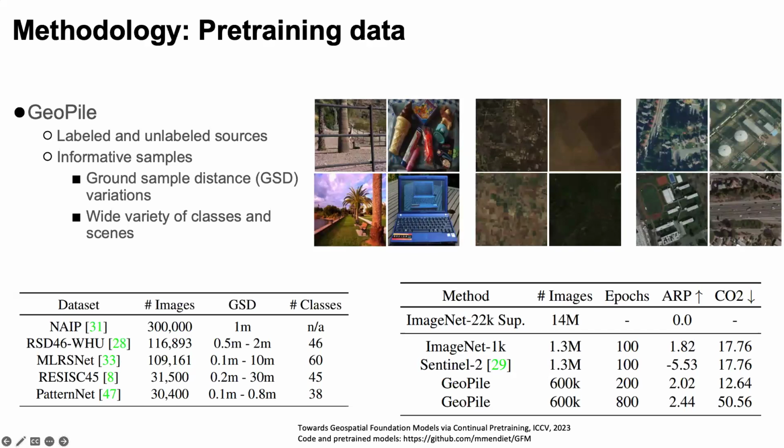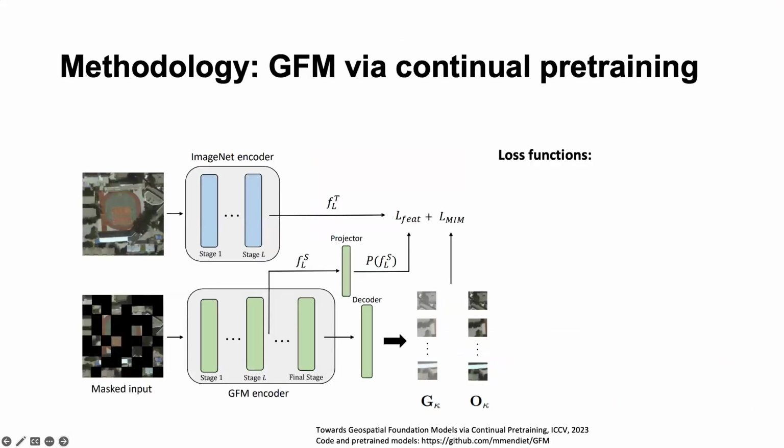We find that Sentinel-2 doesn't have enough features within each image, so having the same amount of pre-training data doesn't really help. Our GLPAL dataset is very similar to ImageNet, and it has a higher entropy per image.